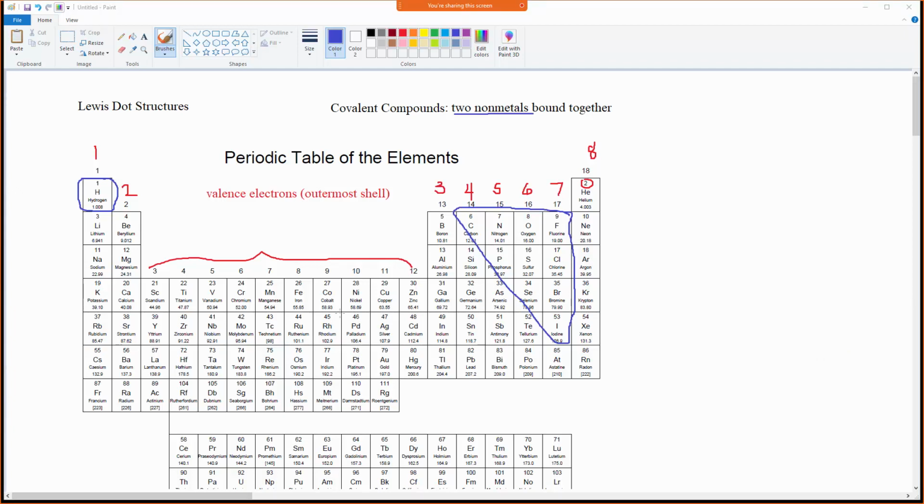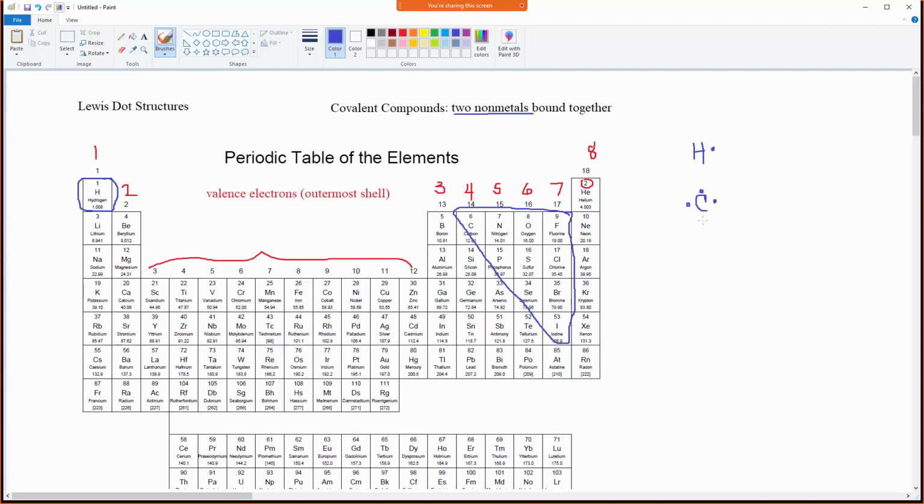Okay, so we're going to take these little guys and we're going to represent them as Lewis dot structures using little dots. So we're going to say, oh, the hydrogen atom can be represented as having the symbol there, and then we're going to put a little dot here to represent his 1 valence electron. Or we could say carbon here has 4 valence electrons, so we're going to give him 4 dots.